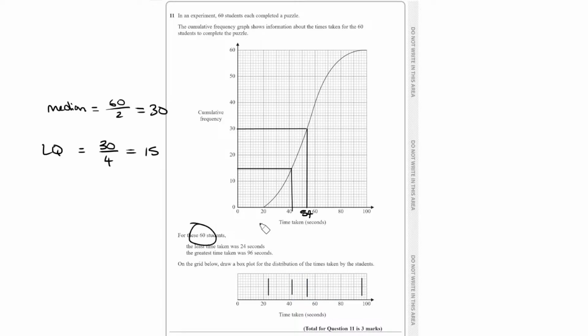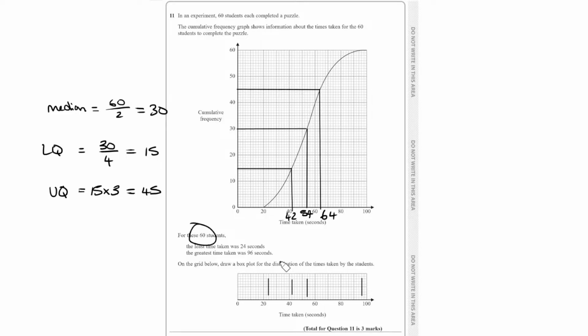Then the upper quartile, you can just take your lower quartile and times it by 3, because that's 3/4, or 75%, which is 45. And that looks to me to be about 64. Yeah, 64, and that one was 42.